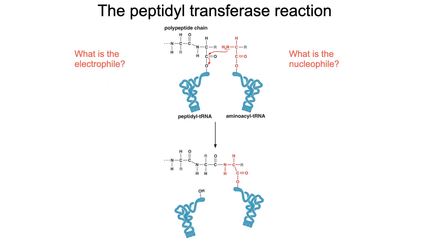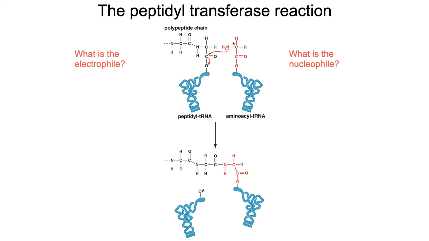Now that peptidyltransferase reaction looks like this, and I want you to know what the electrophile is. I want you to know what the nucleophile is. Here is our charged tRNA. It's got the amino acid right here. Here's the transfer RNA.